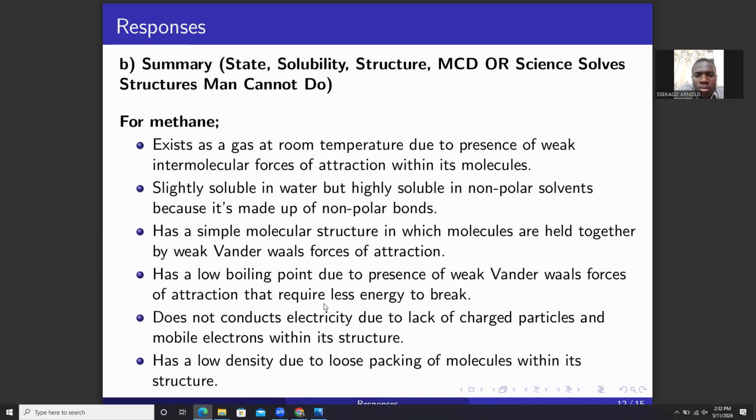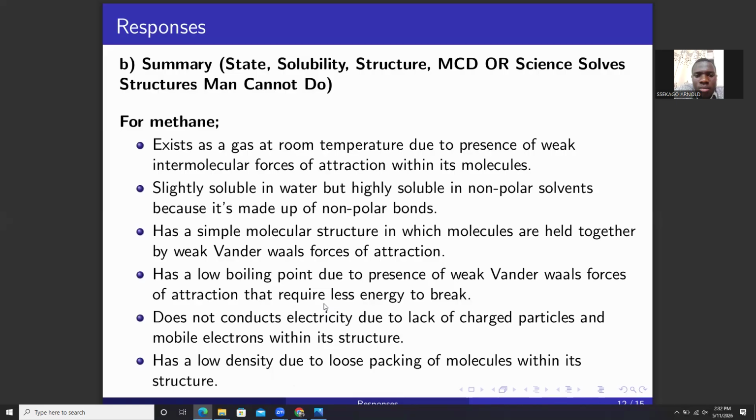So these 6 properties can work on any other covalent compound which exists as a gas or liquid. Those are the points. There are no others.